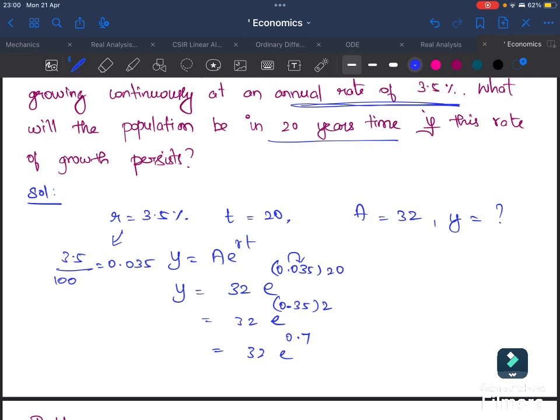So in the calculator, you find the value of e power 0.7. Please don't forget to bring the calculator to the exam hall. So get the value of e power 0.7 and then multiply by 32, you will get the answer. Scientific calculator.